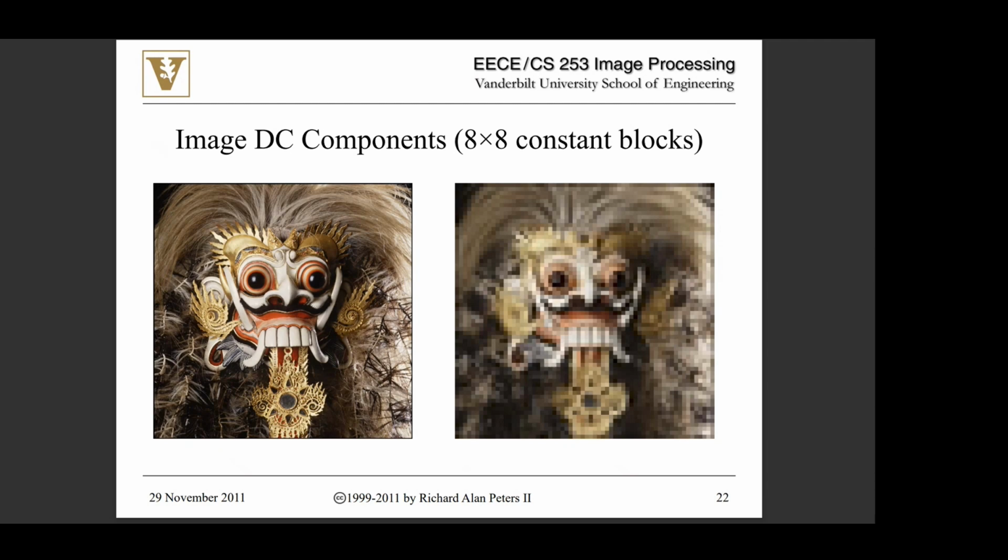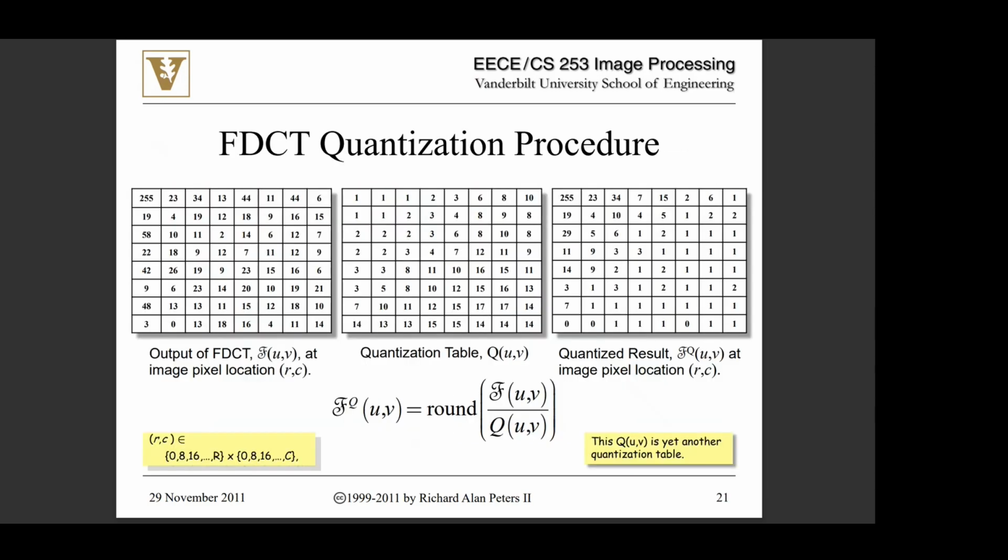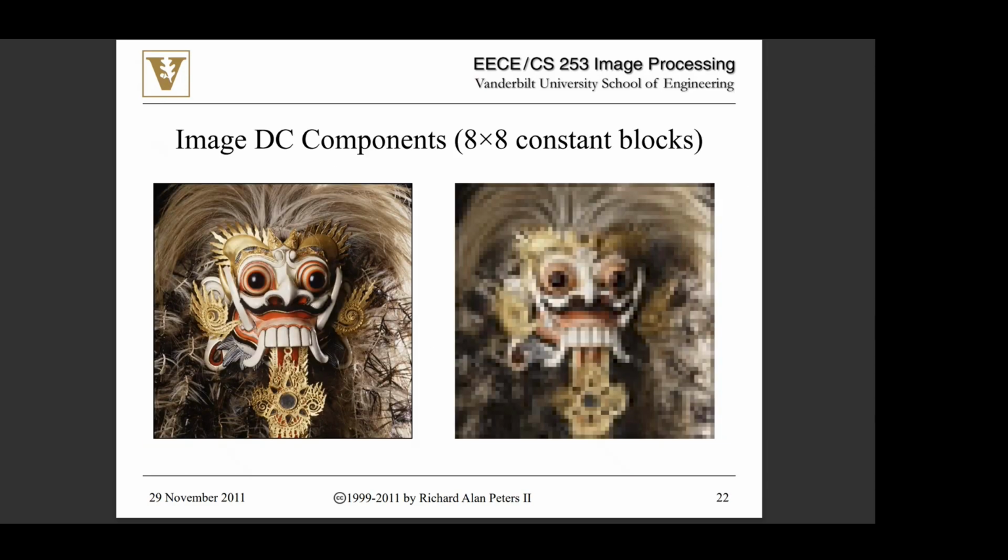Any question up to here? Yes. So we just do the first pixel. Yeah, and not first pixel, first discrete cosine transform coefficient. How do we do all those operations if we just pick one pixel?